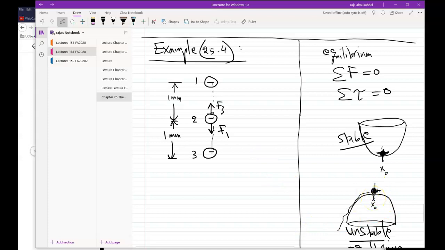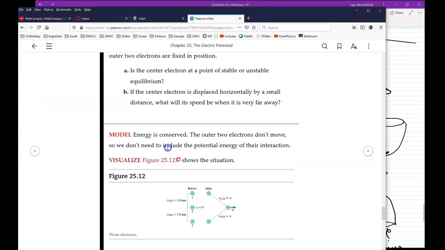The slightest perturbation will have it shoot in one direction. For example, if I give it a displacement this way, it's going to shoot in this direction, like a gun. And that's the subject of the second part of the problem. He says, if the center electron is displaced horizontally by a small distance, what will its speed be when it is far away?